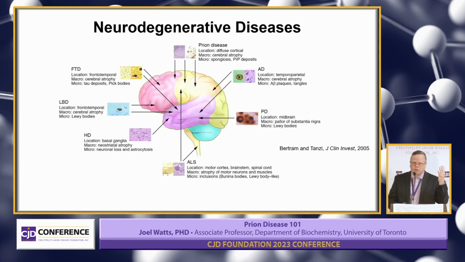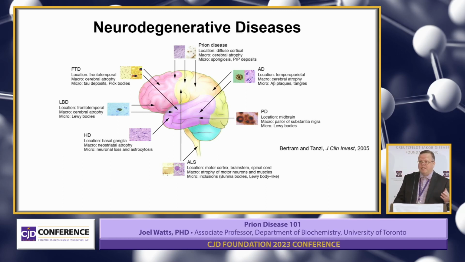So first of all, I just want to put prion disease in context and reiterate that they're a member of a family of related human diseases called neurodegenerative disorders that affect the brain, and these include much more common diseases like Alzheimer's disease and Parkinson's disease and ALS, also called Lou Gehrig's disease. And these diseases are more common than you may think. They all feature loss of cells in the brain, and depending on which area of the brain is affected, that's why you get the different symptoms that typify each of these diseases.